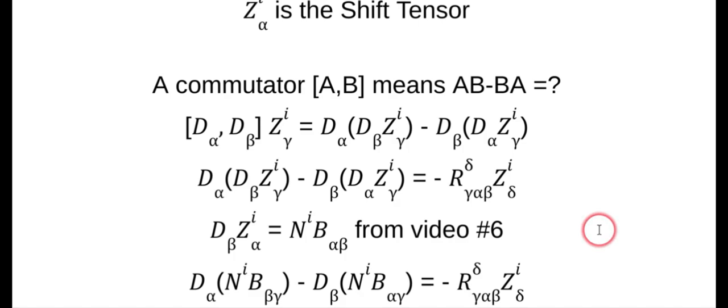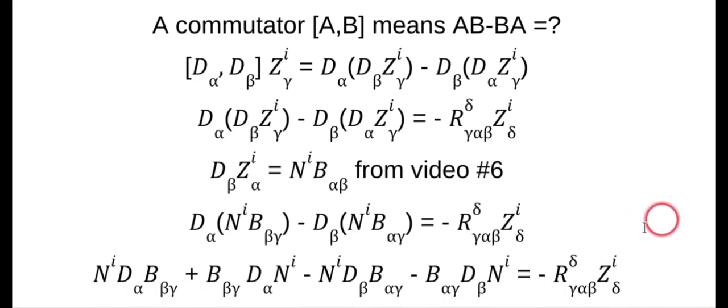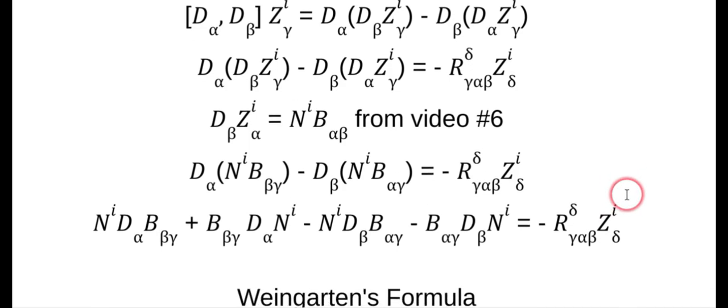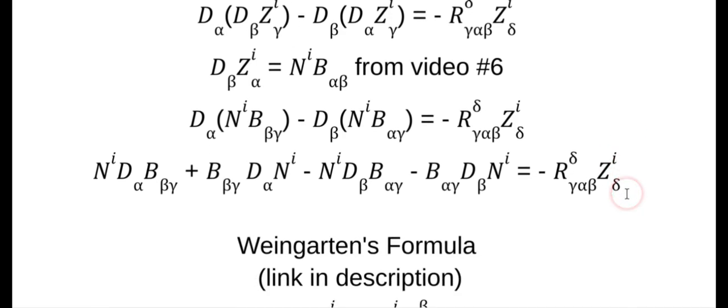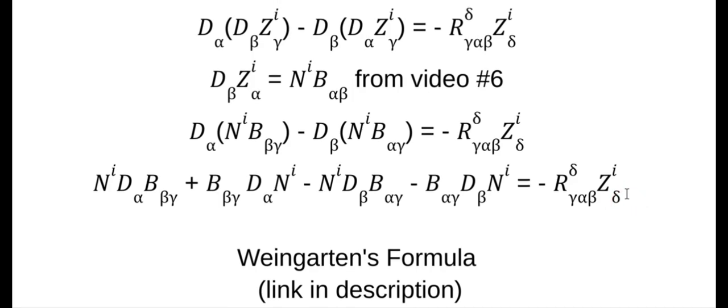Okay? So now these are products, so we have to do the product rule, and that would look like this. So it'd be the first times the derivative of the second plus the second times the derivative of the first. Then we got the negative sign. Do the same thing. It's still equal to the same, whatever this stuff is. Okay? Now, here's something I did not derive in the 6 videos. I should have.